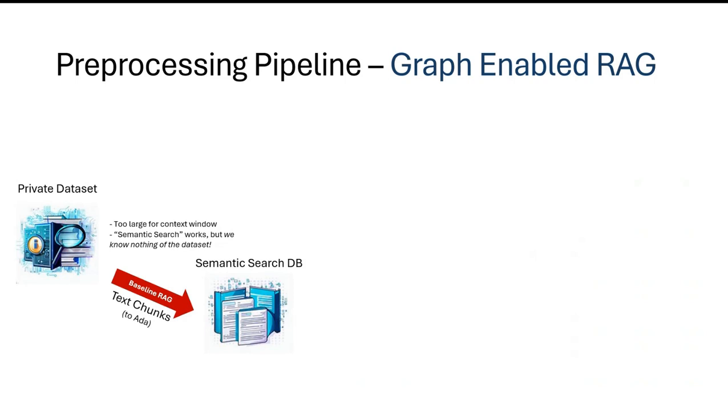Okay, so this is a workflow. A typical RAG does chunking based on a data model and vectorizes that into a vector database. So you have a data set, let's say this podcast.